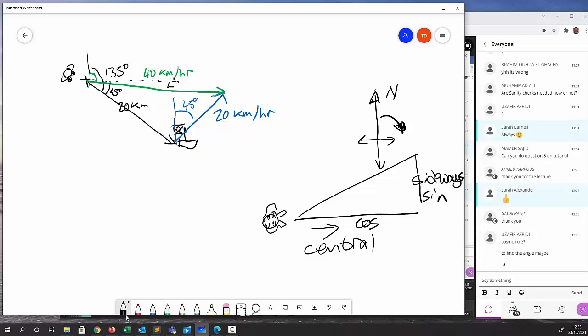So what I can say is, if I call this theta here, that's the angle I'm looking for, sine theta is equal to 20 over 40. Okay, so obviously sine theta is equal to a half, which actually tells you what the angle is.